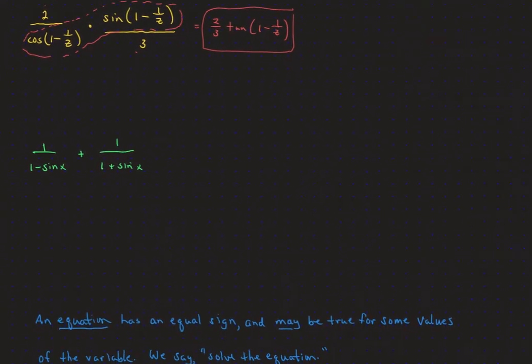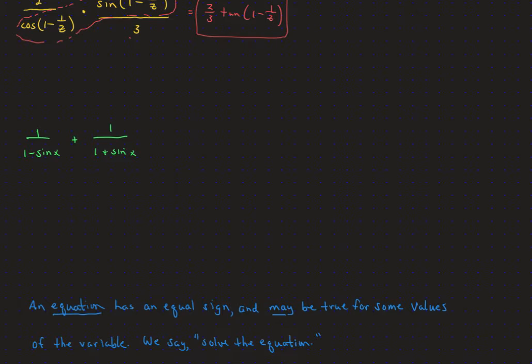This one's a little more typical of identities. We're trying to simplify this, so we're going to think in order to add fractions, we need a common denominator. So the fraction on the left, we're going to multiply top and bottom by 1 plus sine x over 1 plus sine x. That's just multiplying by 1.